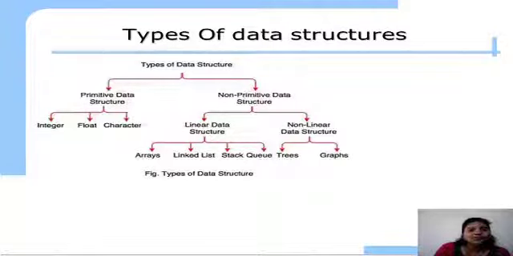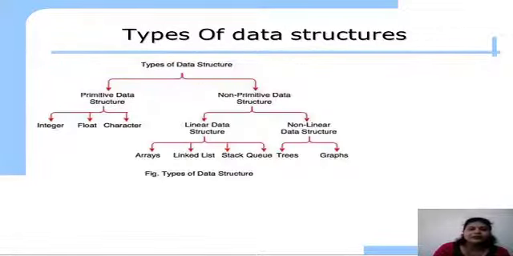In this semester you also learn one non-primitive data structure, that is the array. The remaining parts that we are going to cover in this subject are linked list, stack, queue, tree and graph. If you remember, our unit names are like this only. Your unit 3 was stack and queue, your unit 4 was linked list, and your unit 5 was tree and graph.